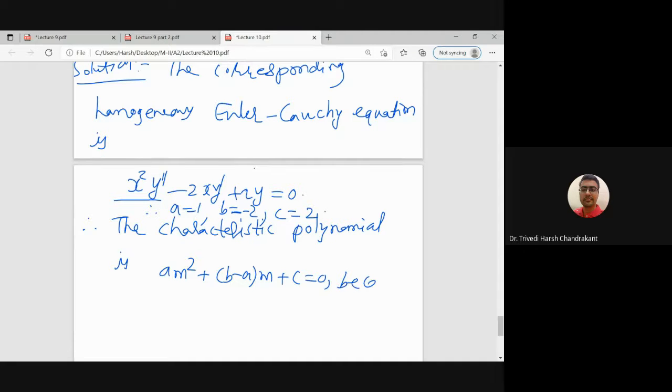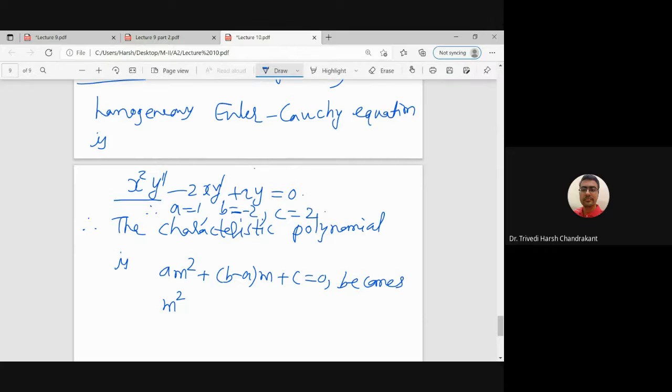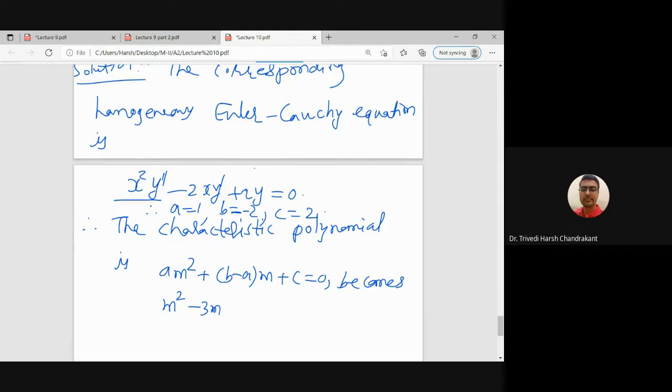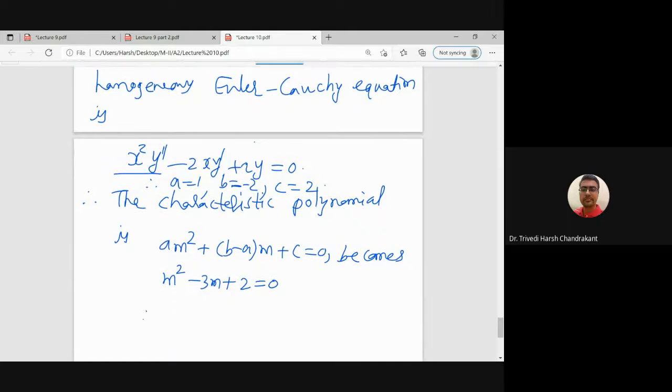for this particular value of a, b, and c, we get the equation m square, because a is 1, b minus a, b is minus 2 and a is 1, so that means we get minus 3 times m plus the value of c, which is 2. So we get this equation, and if we solve this quadratic polynomial, we get the value m equals 2, and the other different value of m is 1.